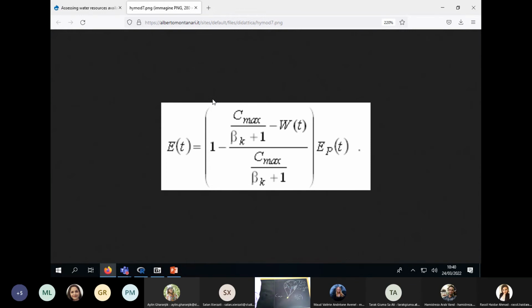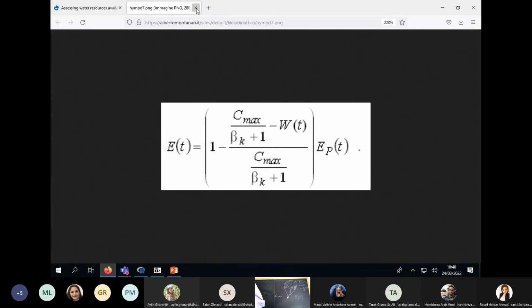So depending on WT, you express ET as a fraction of EPT. This fraction varies from 0 when WT is equal to 0 to 1 when you have saturation in the catchment. It is a linear function of WT. Clear?